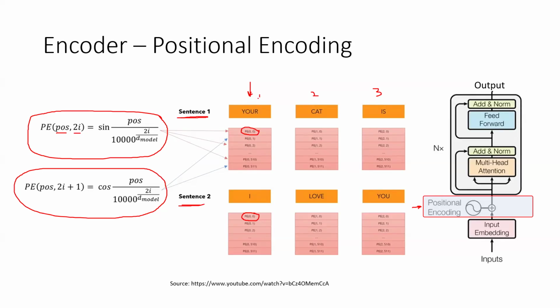For the first position, the first index is PE(0,0). For the first sentence, first position, the second index is PE(0,1). So it has to be calculated using this formula.